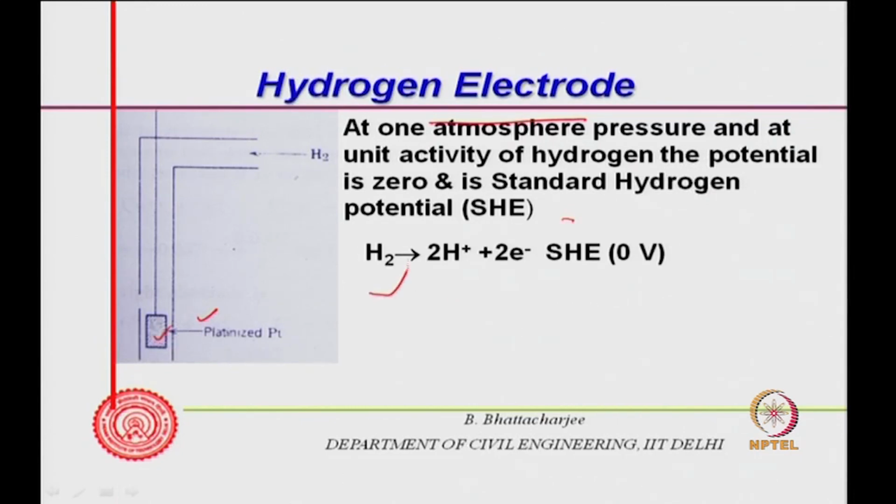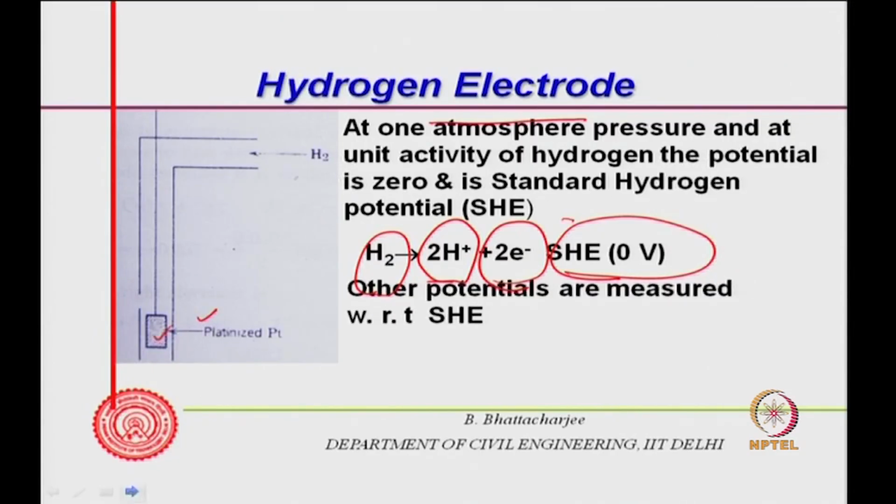So, the reaction is H2 breaking down into 2 H plus ions plus 2 electrons, and corresponding to this reaction the potential is taken to be 0. All other potentials are measured with respect to this.